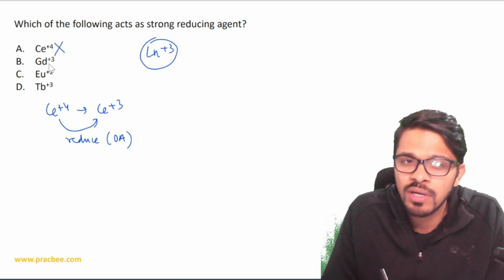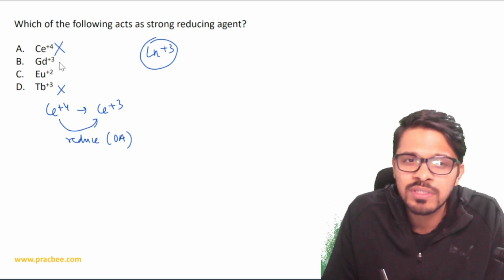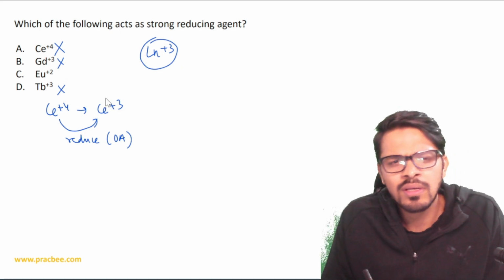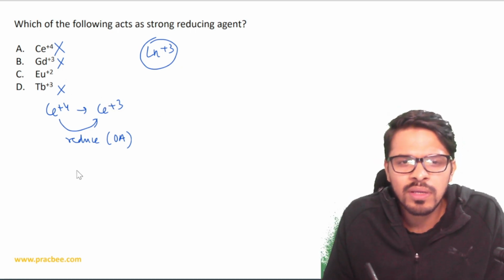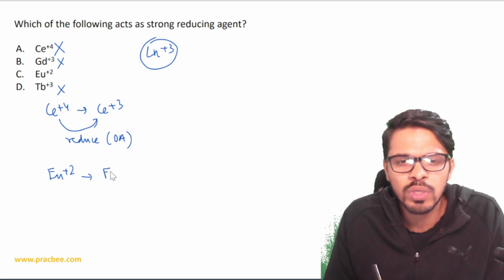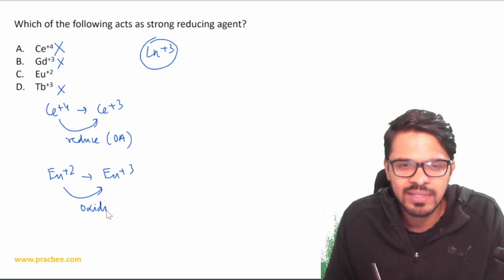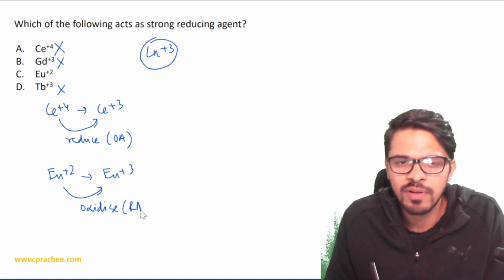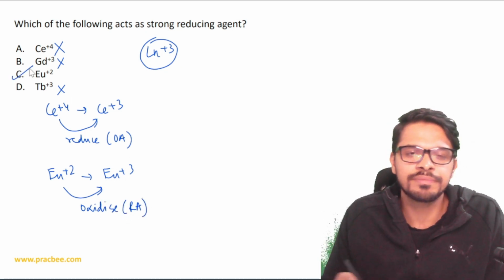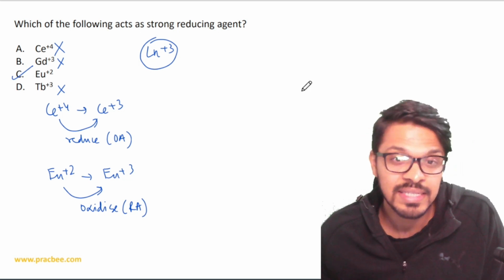So this is not our answer. Gd+3 and Tb+3 are already in +3, so they wouldn't want to go anywhere. Eu+2 wants to go to Eu+3. It will oxidize itself, and if it is oxidizing itself, it will act as a reducing agent. Correct answer is C.